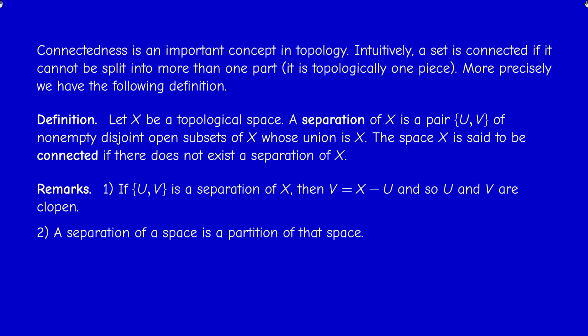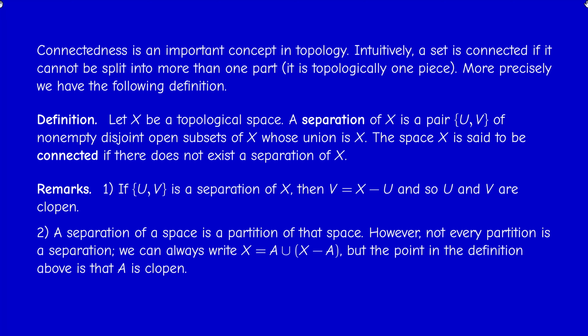And the other remark is that, as we said, a separation of a space is a partition of that space. But not every partition is a separation, because we can always write any set X as the union of a subset A of X and its complement.